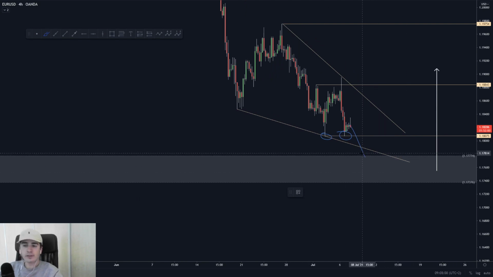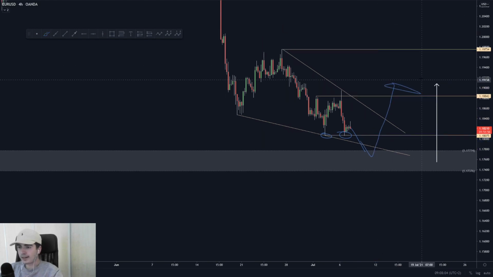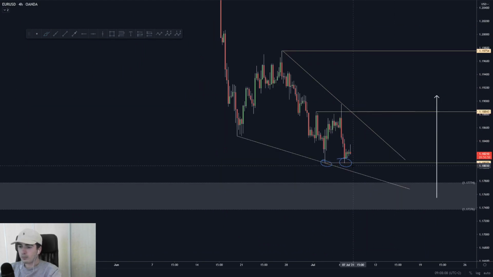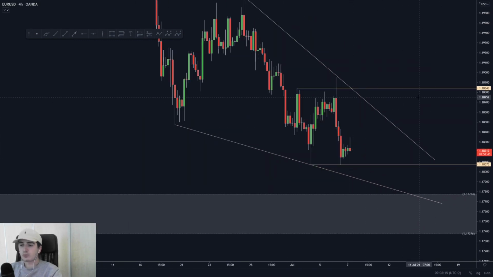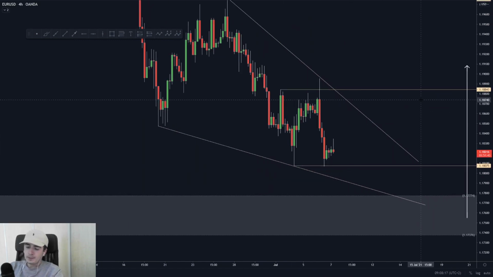That's the area where you want to start looking for longs to then see the market start rallying up again. That's kind of it on Euro dollar. I'm just waiting personally until the FOMC statement of tonight. Only if we see some really picture perfect setups will I be trading.